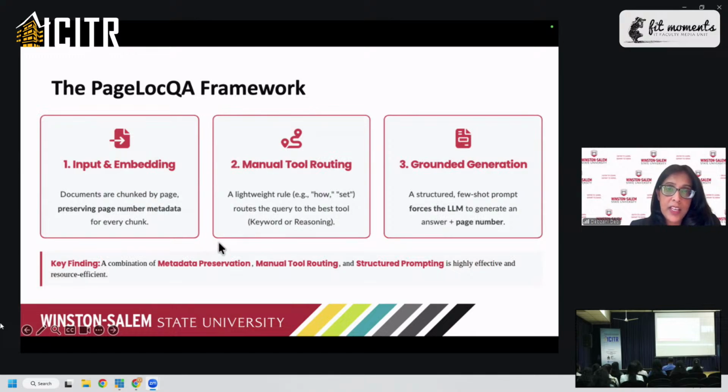And whenever you ask a question, based on a natural language question, the system then searches through those chunks to find the relevant pages and the necessary information. It also uses some manual tool routing, which I'm going to explain in the next slide, and does some intelligent reasoning or routing of those search questions.